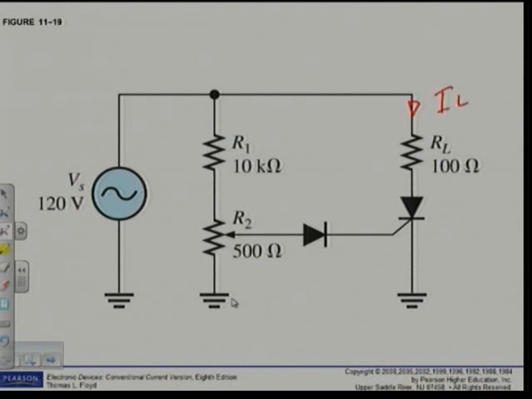There is IL, my load current, and they want the voltage across the SCR. They want VAK, the anode cathode voltage directly across the SCR. Alright. That is the two things we must now go and draw.